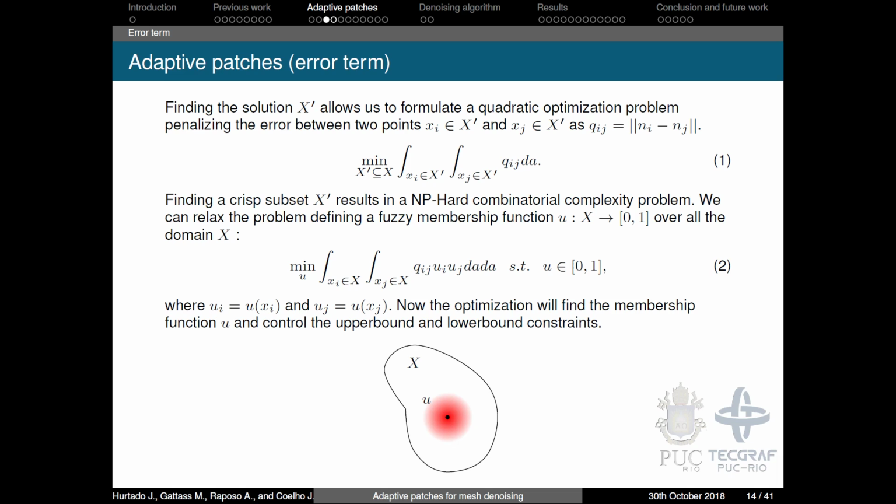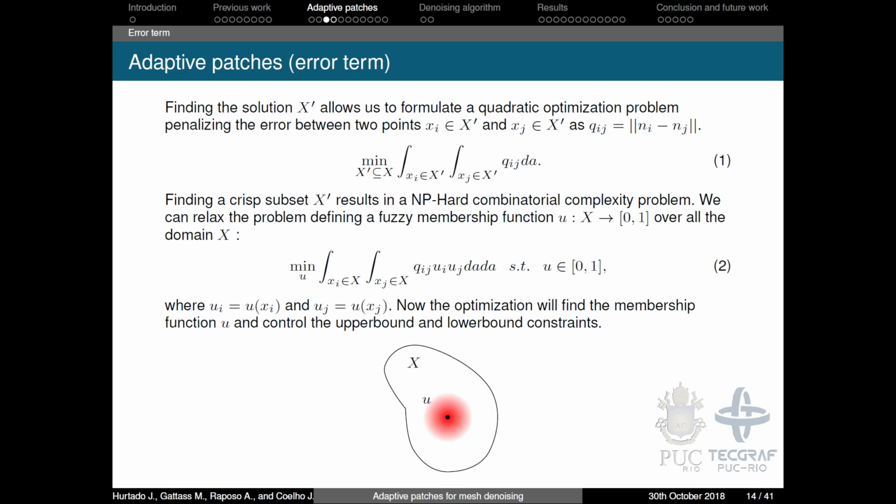So this function goes from 0 to 1, where 0 means no inclusion and 1 full inclusion. So now instead of finding a crisp subset X prime, we want to find this function u defined over all the domain X, such that we minimize the normal difference between any 2 points contained in X, but weighted by the values of the membership function.